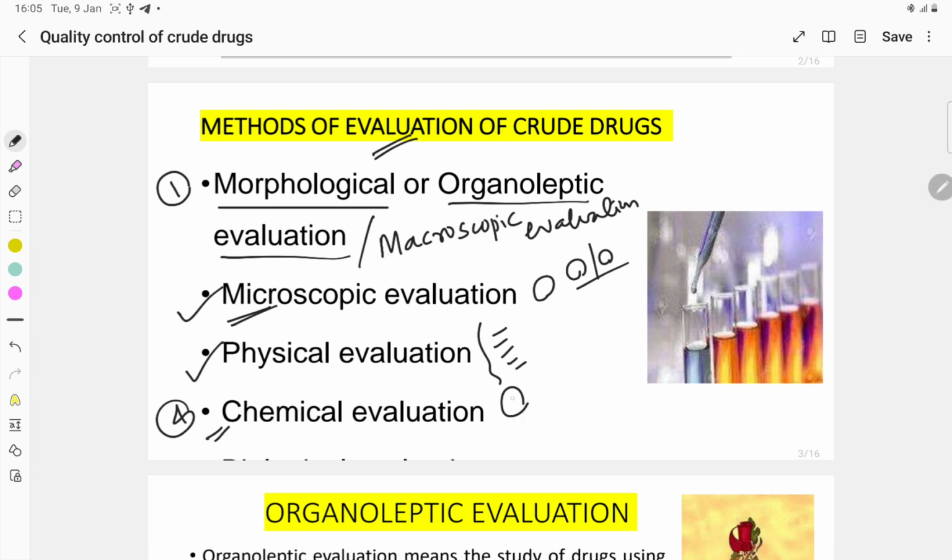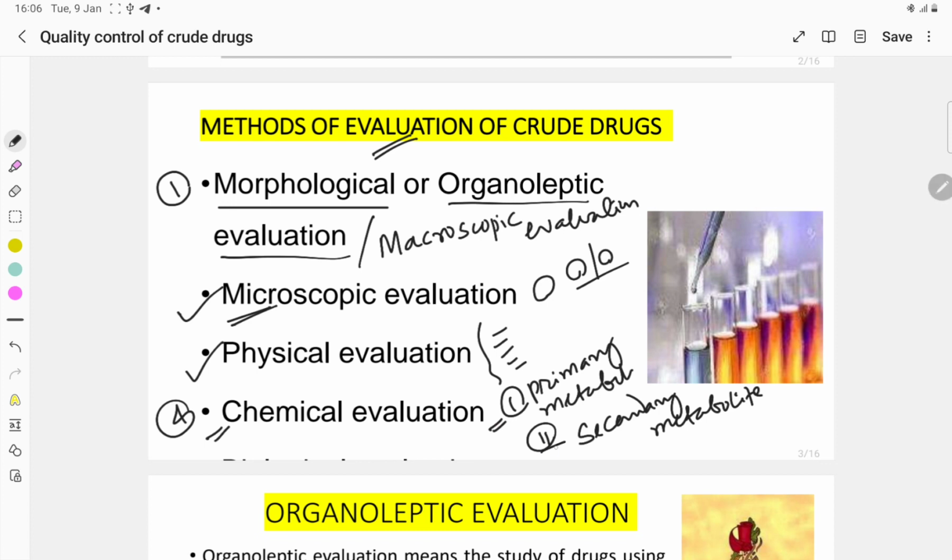One is called primary metabolite. Second one is secondary metabolites. Primary metabolites are those chemicals or biomolecules that are very important to the plant itself, because plant growth, reproduction, and all the physiological activity occur in the presence of primary metabolites.